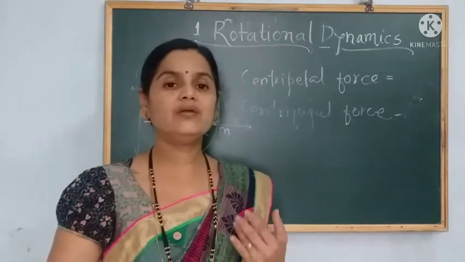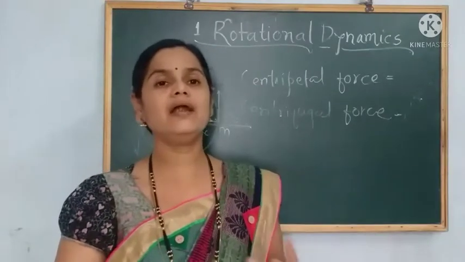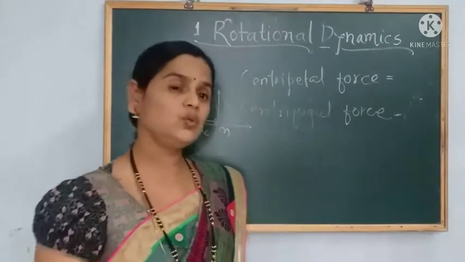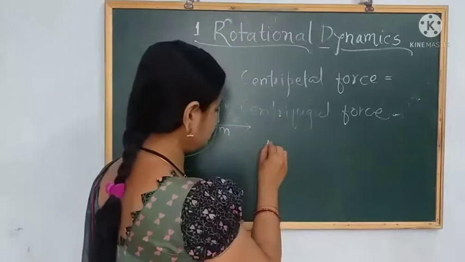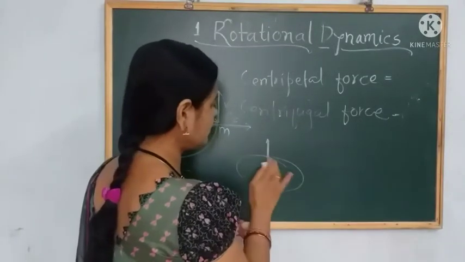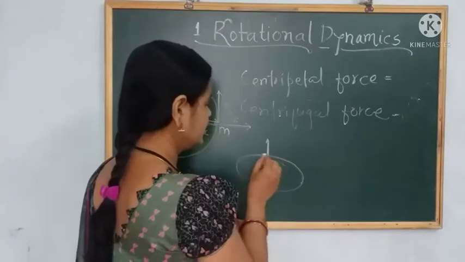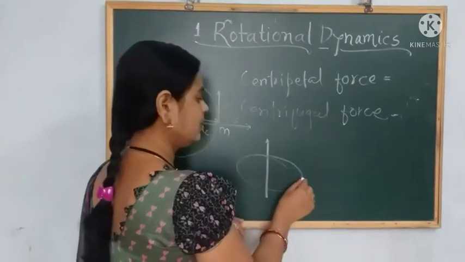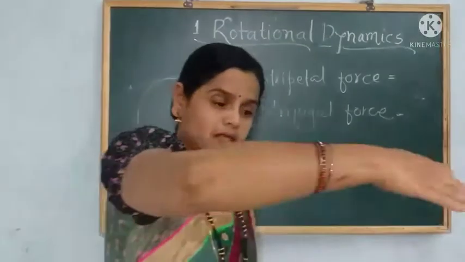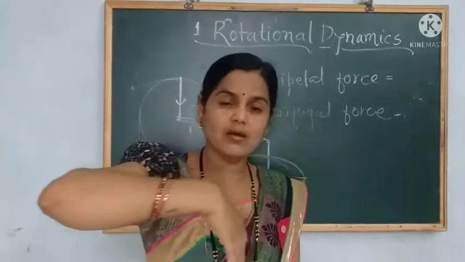We feel that we are pushed in the radially outward direction, with the angular velocity about a pole. So if we observe this, we are pushed radially outward at each and every instant during this circular path.